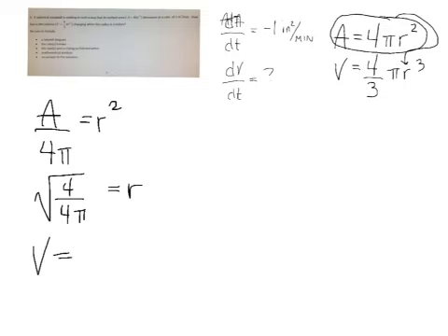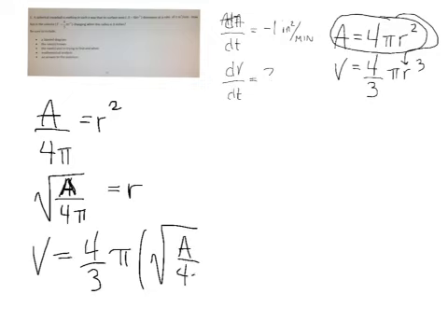Volume is equal to 4/3 pi, and then instead of r, I'm going to replace it with its equivalent relationship, which is the square root of, and I wrote 4 over here. You caught my error. I didn't catch it. The square root of A over 4 pi, to the third power. So, I have now the relationship that I want. It's an equation that has only volume and area for its variables.